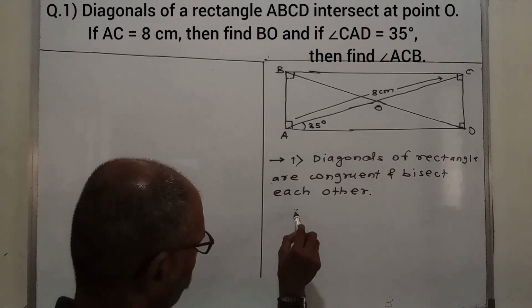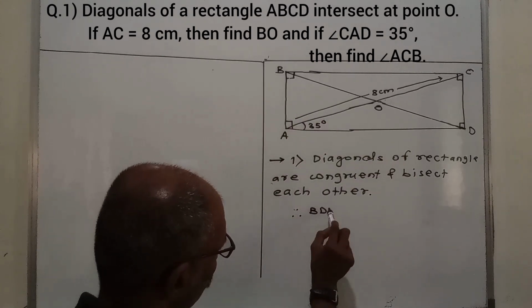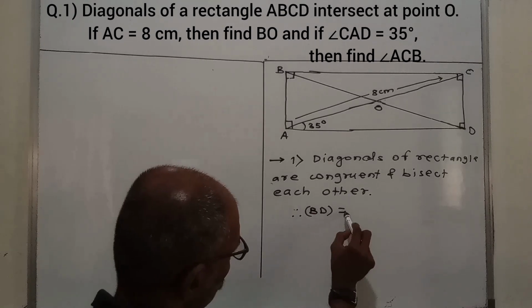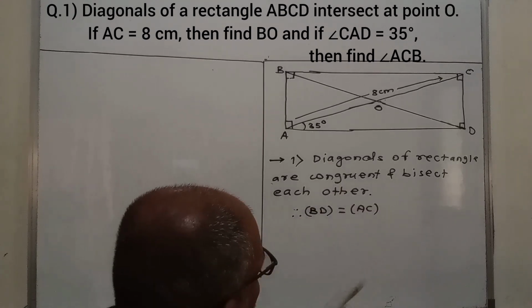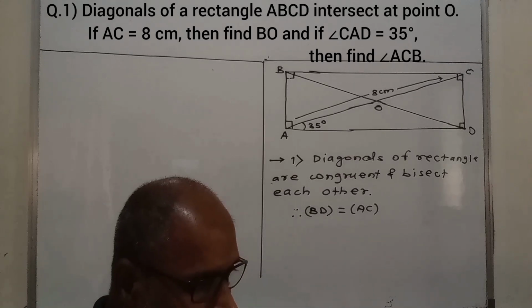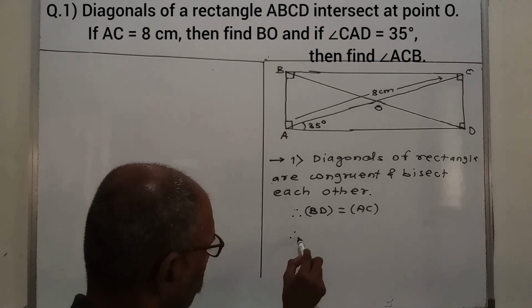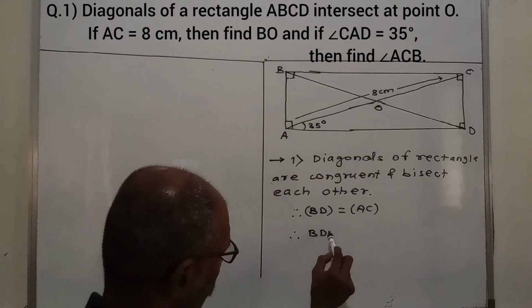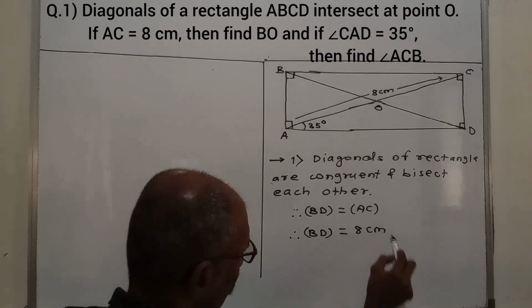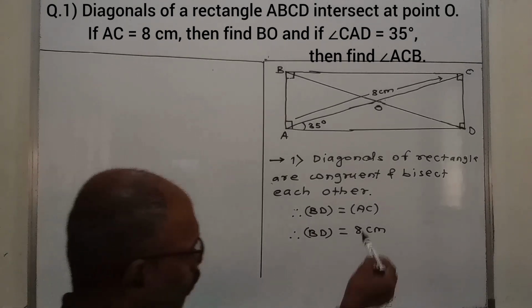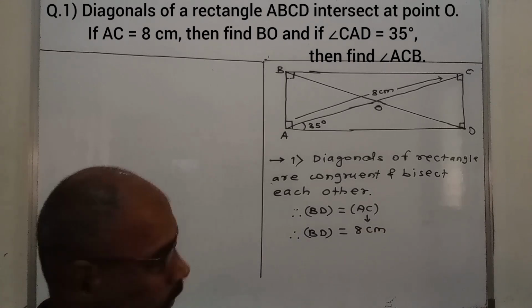Okay, therefore we write BD is equal to AC. Diagonals of rectangle are congruent. So I have written this. Therefore BD is equal to 8 centimeter, because we know value of AC is 8 centimeter.